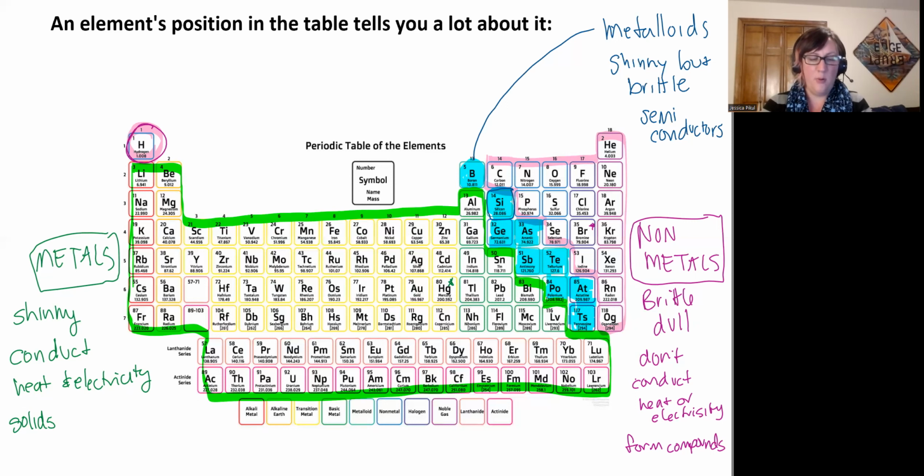And so I'm going to just point out their names here for some of them. We don't have names for every single one of our groups, which are the columns. So we do for the first two, though. The first column, so group 1, is our alkali metals.